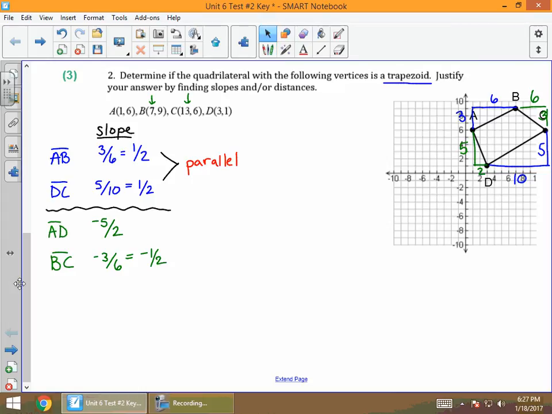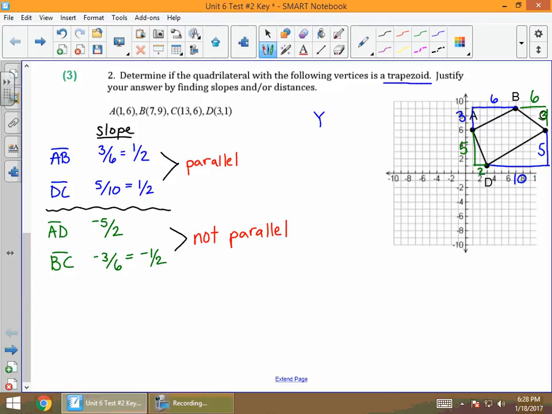And as I look at these two segments, -5/2 and -1/2, these are not parallel because they are not equal. So I have a 4-sided figure that has one pair of parallel and one pair of non-parallel sides. So the question is, is it a trapezoid?